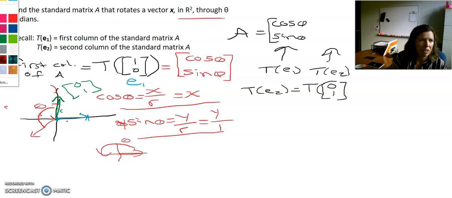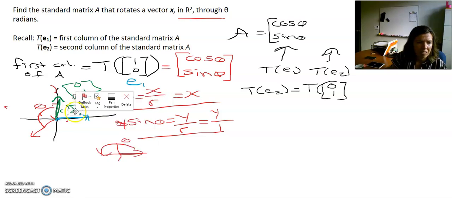So that changes things a bit. So what we have to acknowledge is, if we're measuring theta starting at the positive y-axis, then if we back it up, we've got an additional pi over 2 radians right here. I really need to get a different writing tablet. Okay, right there.